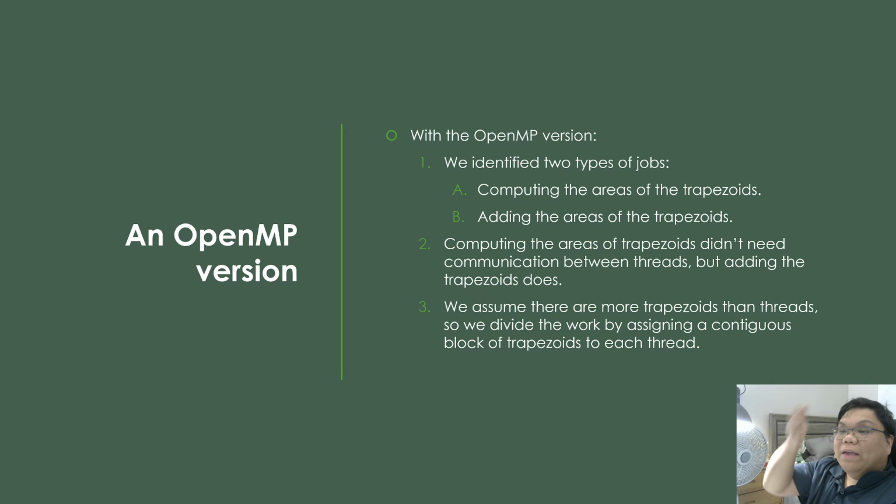So if we have, say, 1,000 trapezoids to estimate the area, and we have a 10 thread team, we're just going to give each thread a contiguous block of 100 trapezoids.